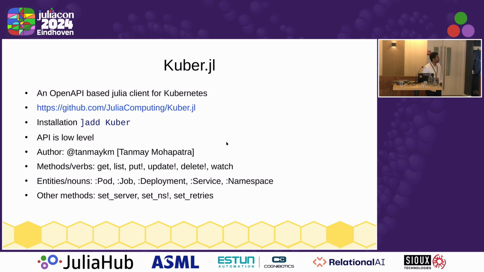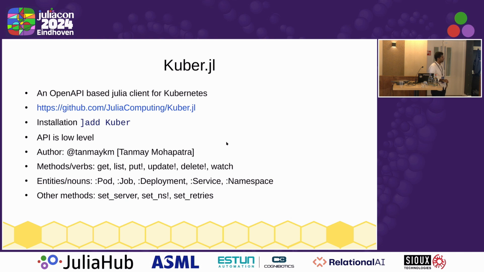Brief intro on Kuber.jl. So this is based on OpenAPI. So much of the code here is generated from a specification file, and we have some wrappers around it to make it easier to use. There's a link for that. It's open source, so you can install it with the add command.